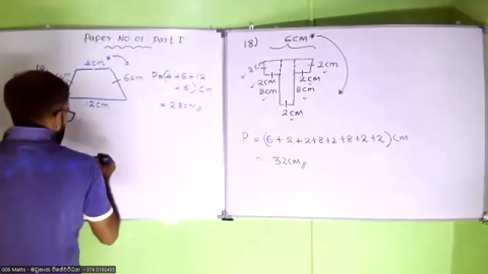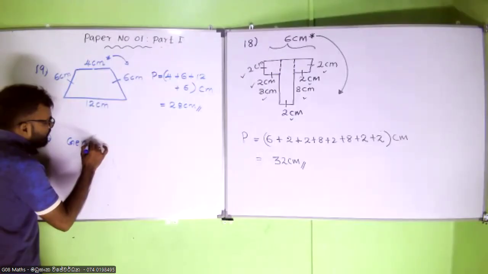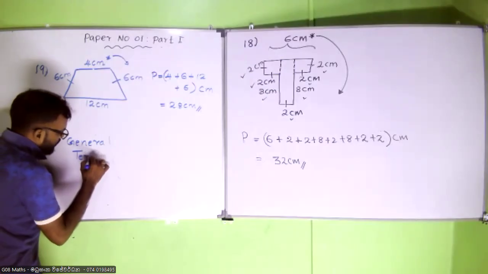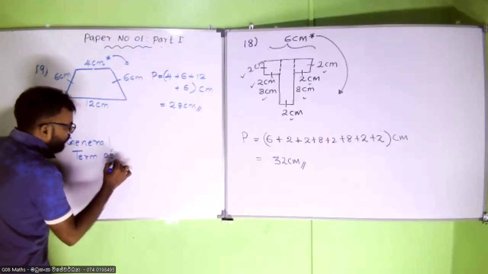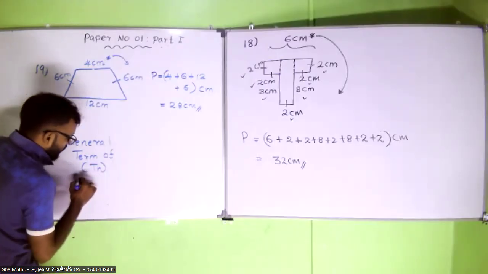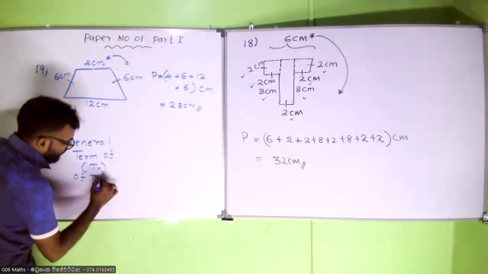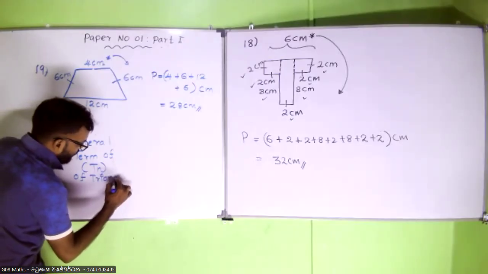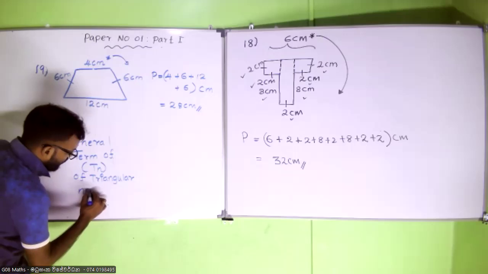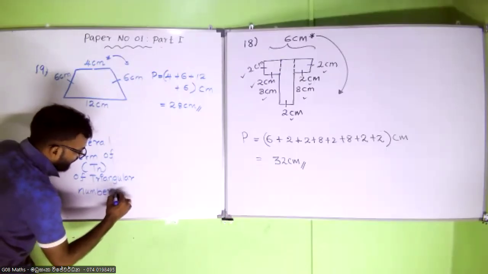So first of all, we need to write the general term, or we call this Tn, the nth term, of the triangular number pattern.